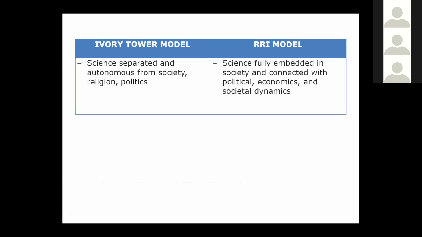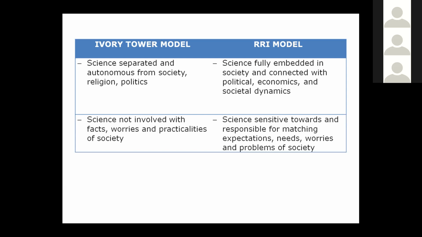That is, the idea is that science has to be separated and largely autonomous from society, from religion, from politics. The ivory tower model was thought for making science possible, protected from external powers. Well, the emerging RRI model thinks of science as fully embedded in society, fully connected with political, economic, and societal dynamics.